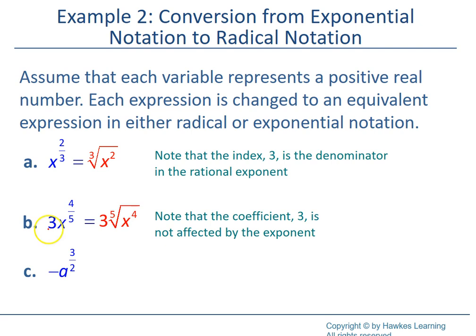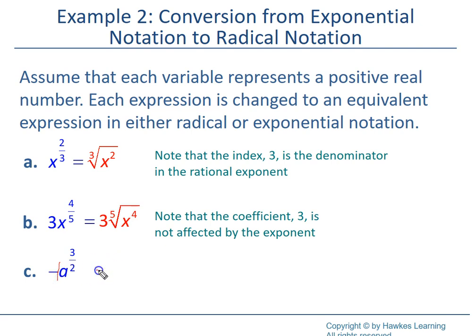Now, keep in mind, what is the base here again? Is it a negative A or just the A? And the answer is it's just the A, because theoretically there's like a 1 there.